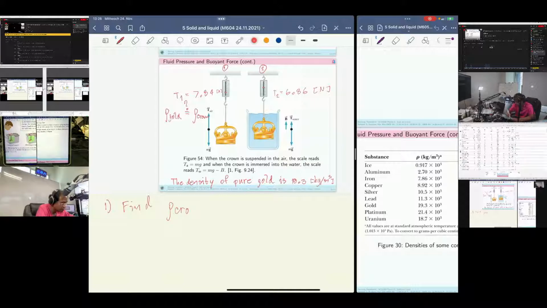Okay, sorry for that. So let's get into the detail of the first step. What is the density of the crown, right?